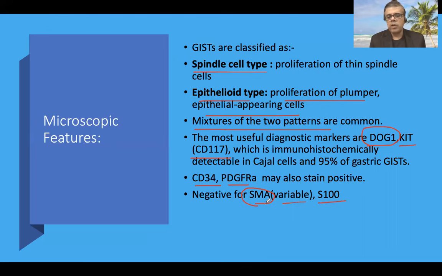Generally, leiomyoma will be desmin positive and CD117 negative, and SMA will be always positive, whereas GIST will most likely be CD117 positive, and SMA almost negative, sometimes may be positive. So CD117 is the main marker which distinguishes them. And of course, desmin also will be negative in GIST.